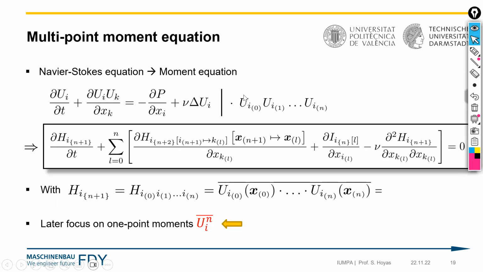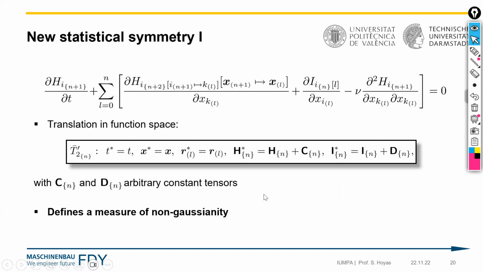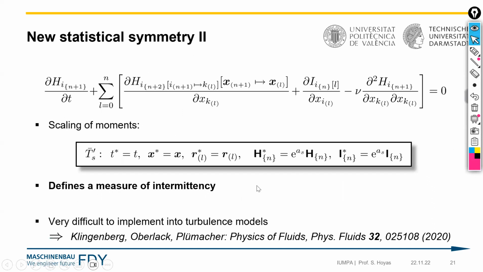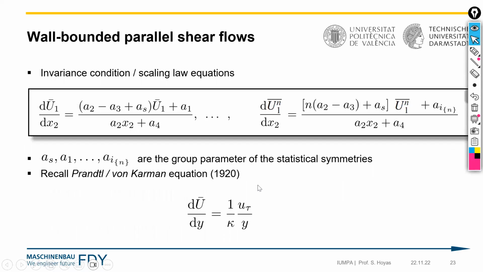So the problem is that the notation for the multi-point moment equation, where we have infinite points and infinite equations, is extremely difficult. As you can see here, we have a lot of symbols, a lot of definitions. The point is that at the end, we are focused on one-point moments, and using this theory and a lot of very specialized papers, we get to these laws.